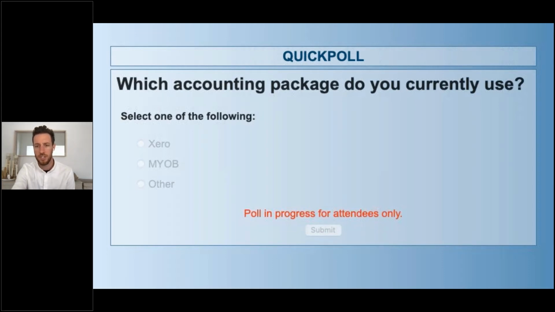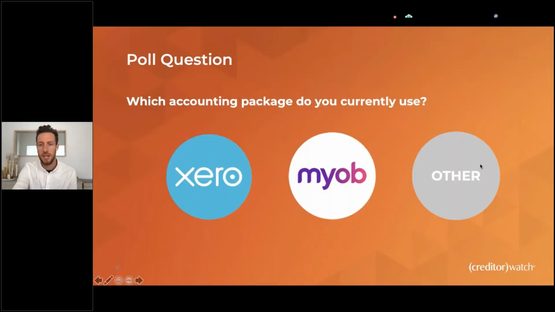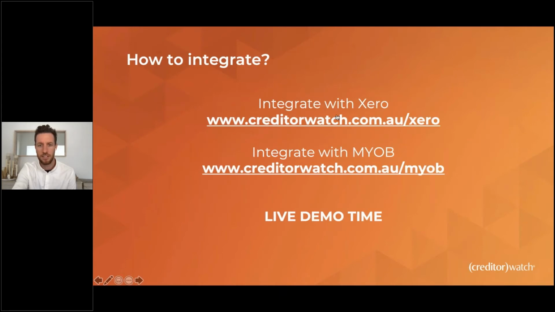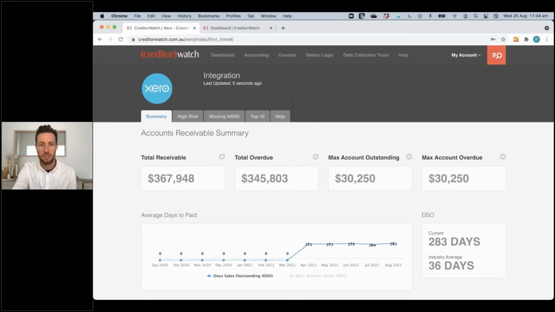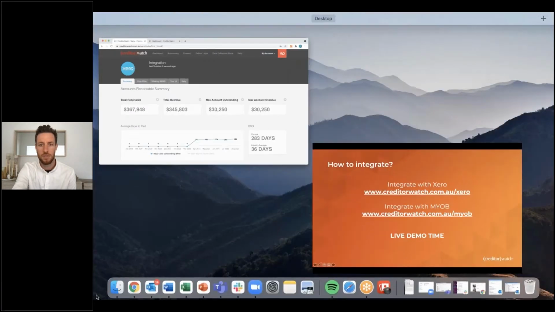Can't see them, but we're looking at about 52% Xero, 26% MYOB, and 22% other, which is interesting to see, and I think we will likely do a bit of work around identifying exactly what those other ones are and starting to prioritize, hopefully, the next steps in terms of which ones we want to integrate. So they're the links I spoke about before: creditorwatch.com.au/Xero or /MYOB.